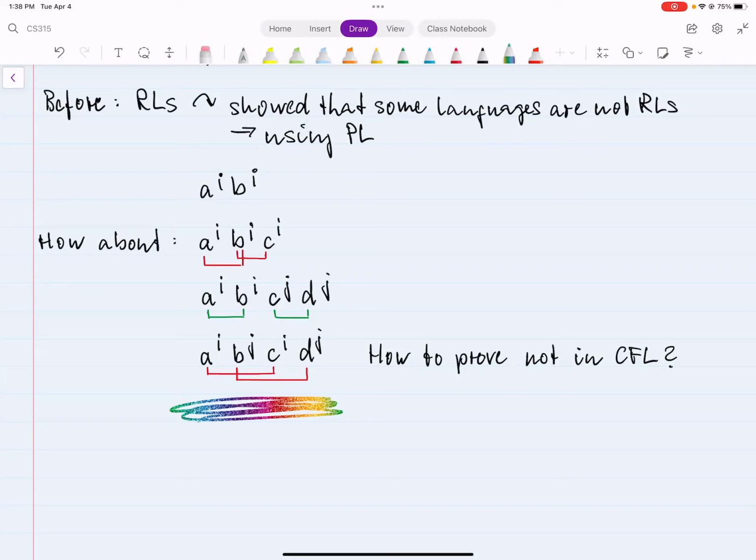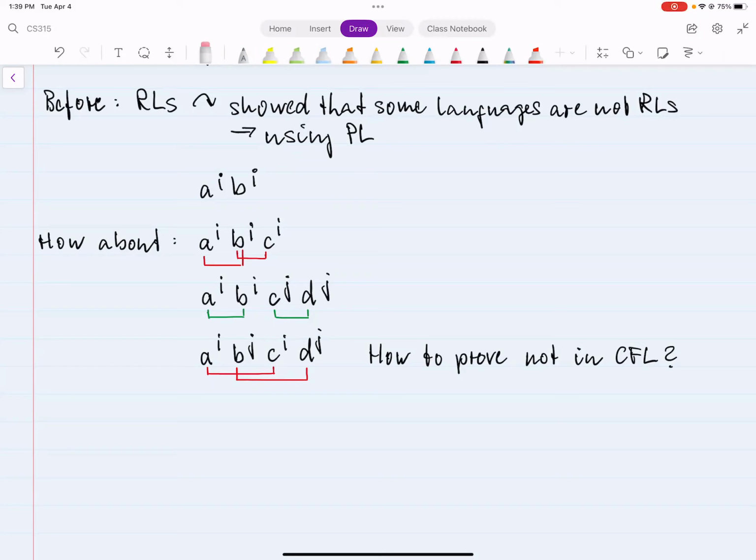So you see, whenever you have this kind of overlap, you have a language that cannot be recognized by a PDA. What you can also see here is it would be pretty helpful if you had a second stack.